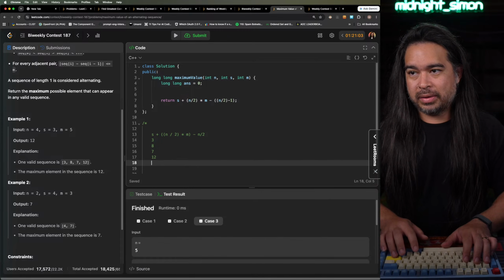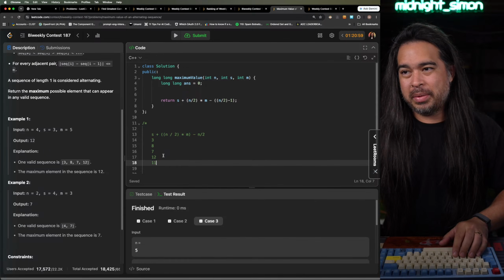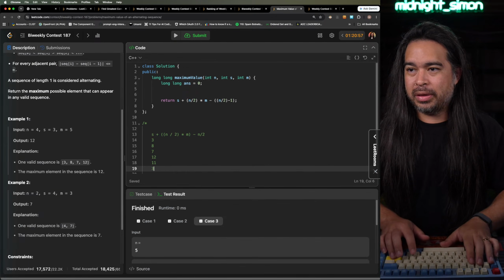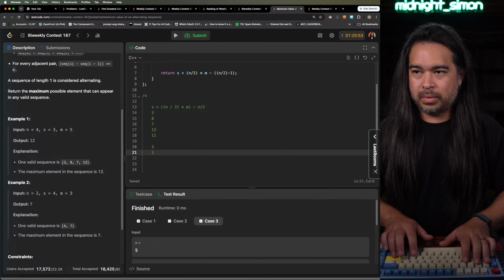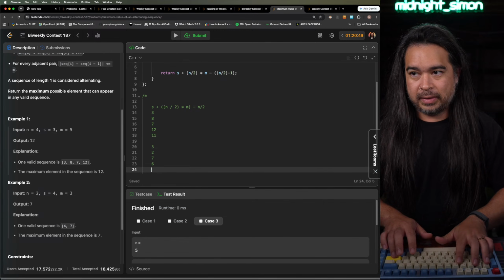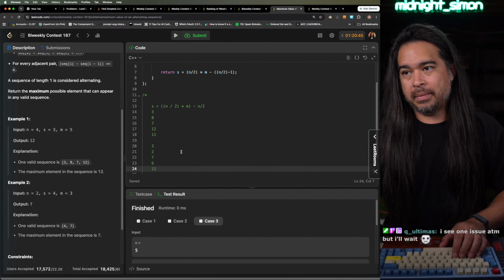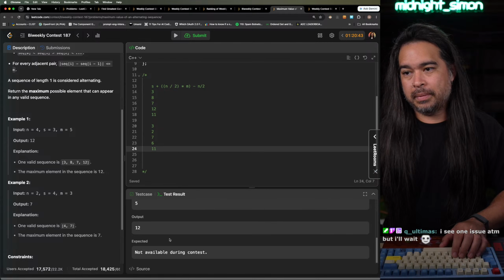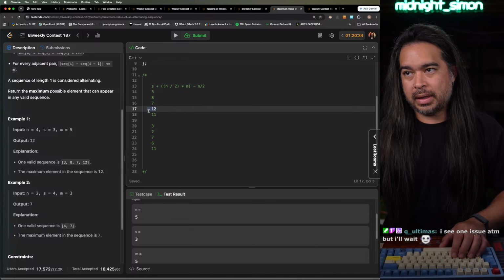I guess that 12 would just be 11. But can we make it better? Like, what if we did 3? Alright, this is for 5 length. 3, 2, 7, 6, 11. Guess that is better.